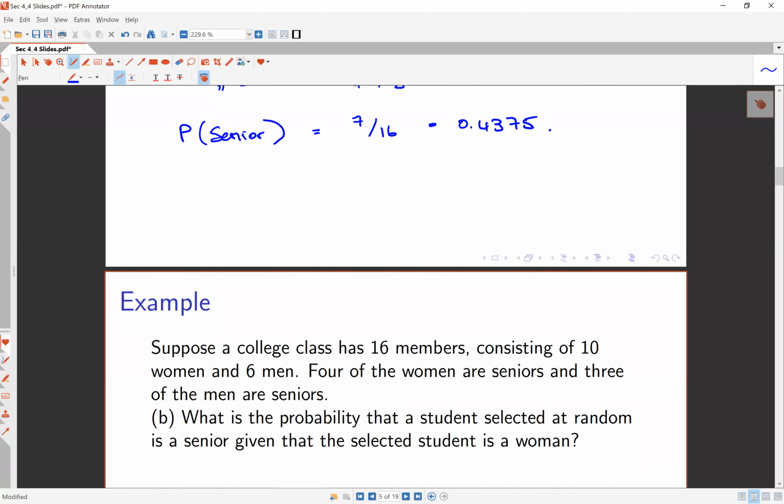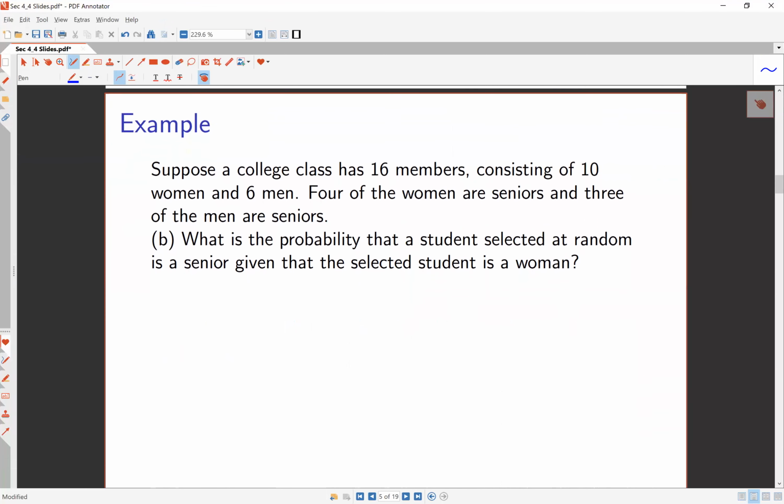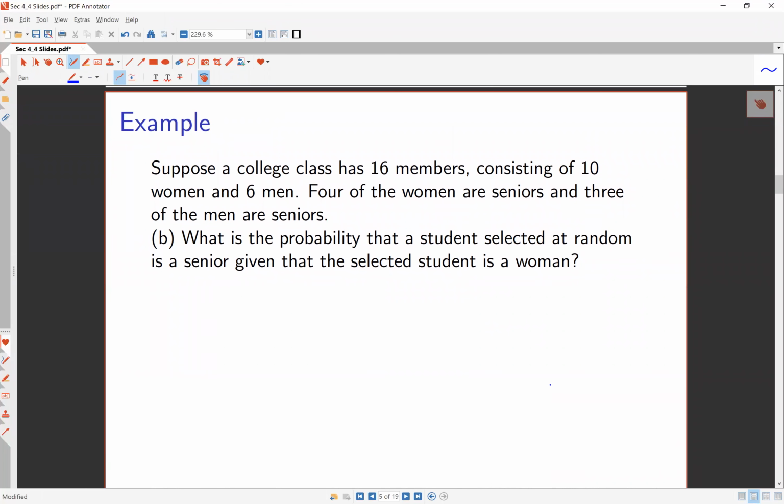Now let's stick with the same example. Still want to calculate the probability that a randomly selected student is a senior, but now I'm conditioning on, I'm being given that the student is a woman. So how many students in total are there that are women?